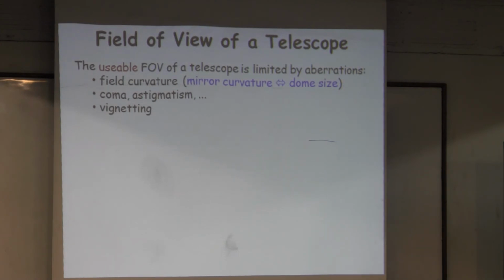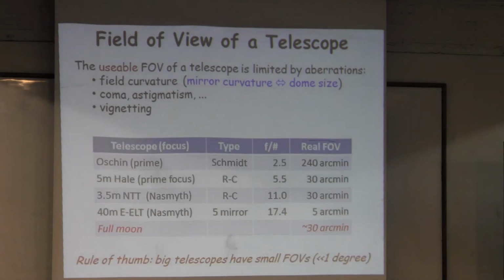And when I said field of view, let me say what I meant, the usable field of view, which is limited by all these aberrations: field curvature, coma, astigmatism. At some point, of course, you also start vignetting when you look at larger angles.